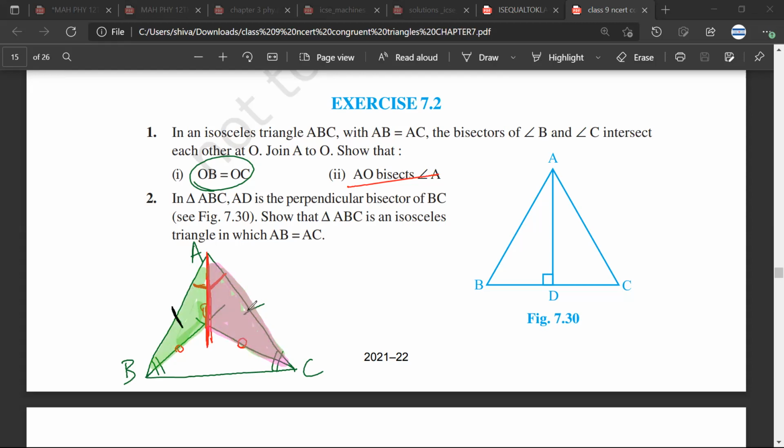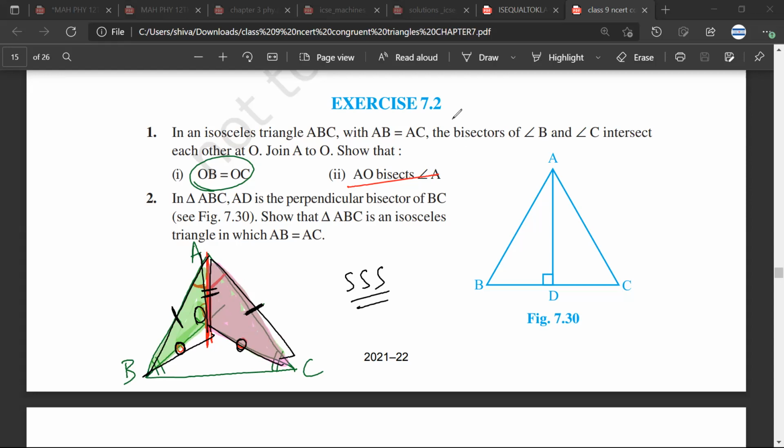This side is equal to this side? Yes, sir. And then AO is the common side. Shabash. So this side is equal to this side. Therefore, this triangle would be congruent to this triangle. Why? Have you understood? Yes, sir.